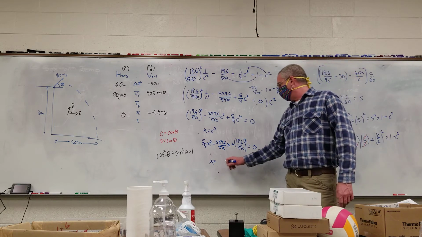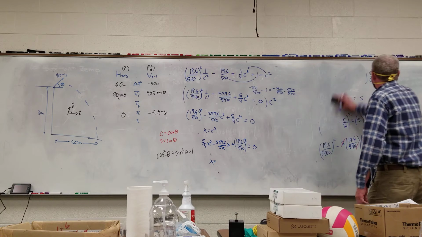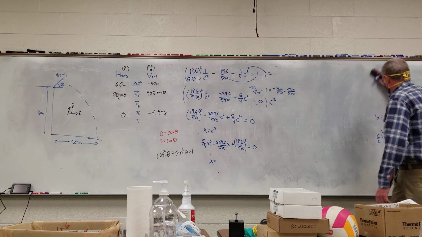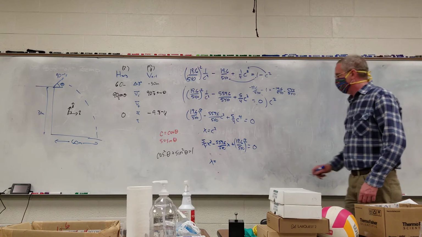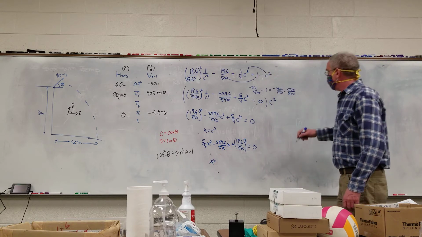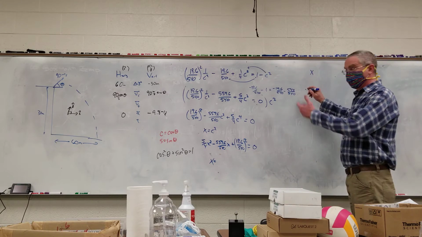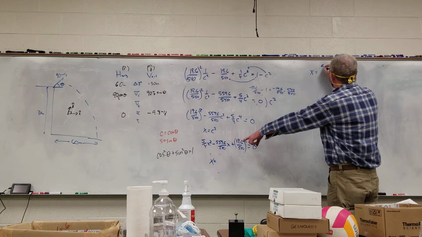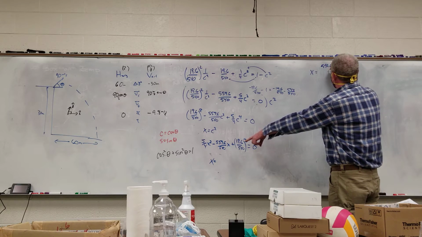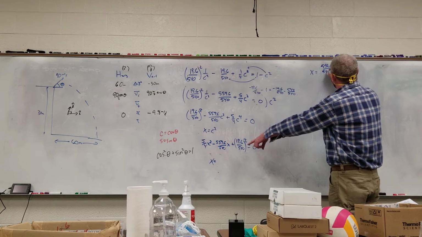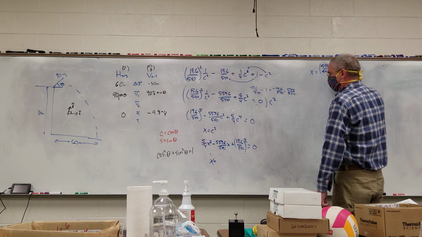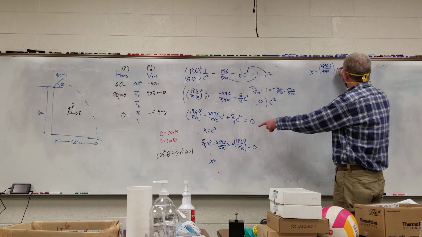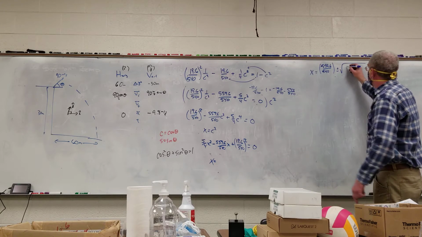So using the quadratic formula, x, which is cosine squared, is equal to negative b plus or minus the square root of b squared.